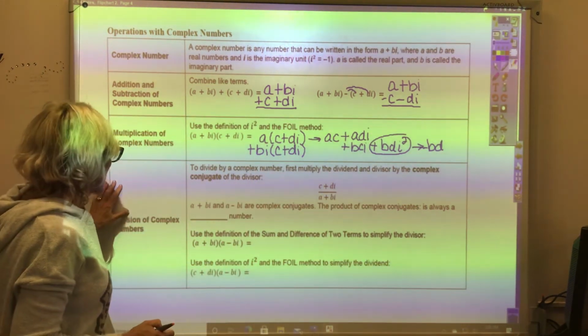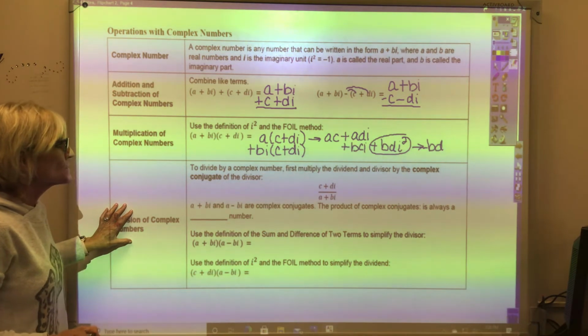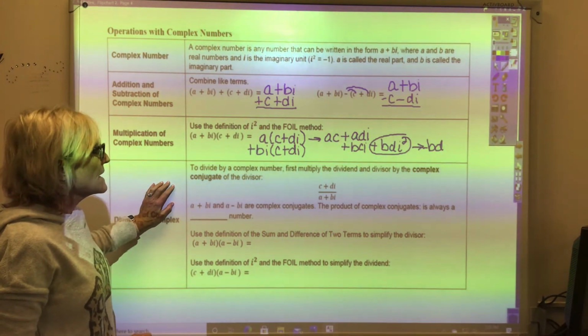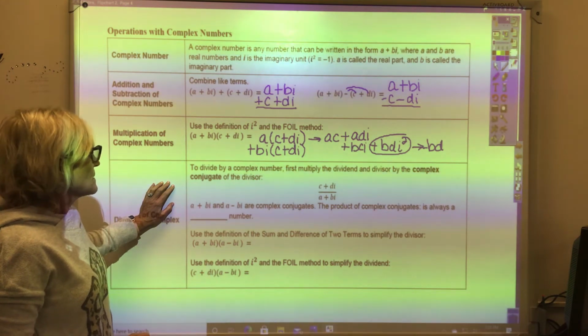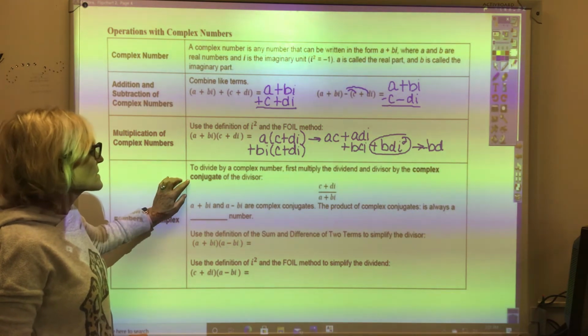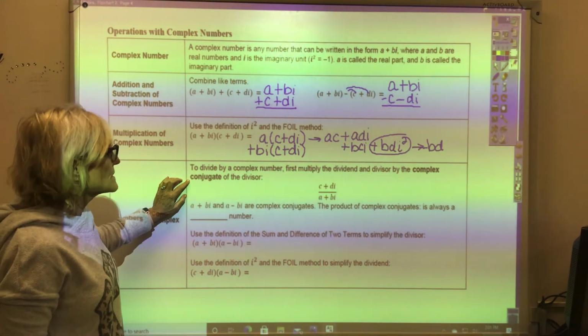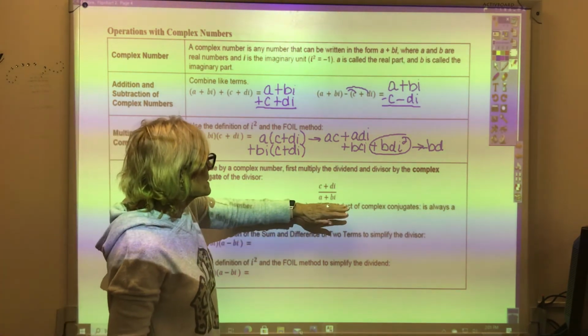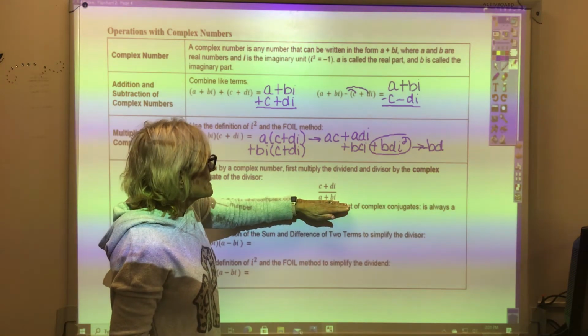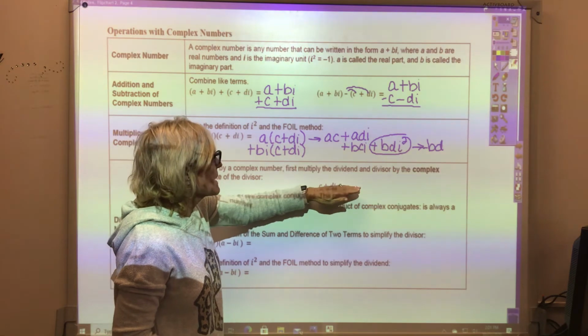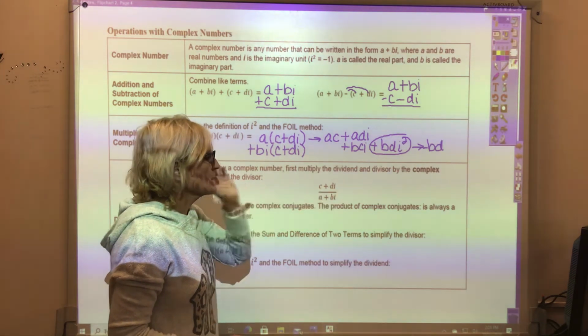Dividing complex numbers, in order to do that, we first multiply the dividend and the divisor by the complex conjugate of the divisor. The complex conjugate of the divisor is just taking this and making it a minus bi. That's what we would multiply by on the top and the bottom.